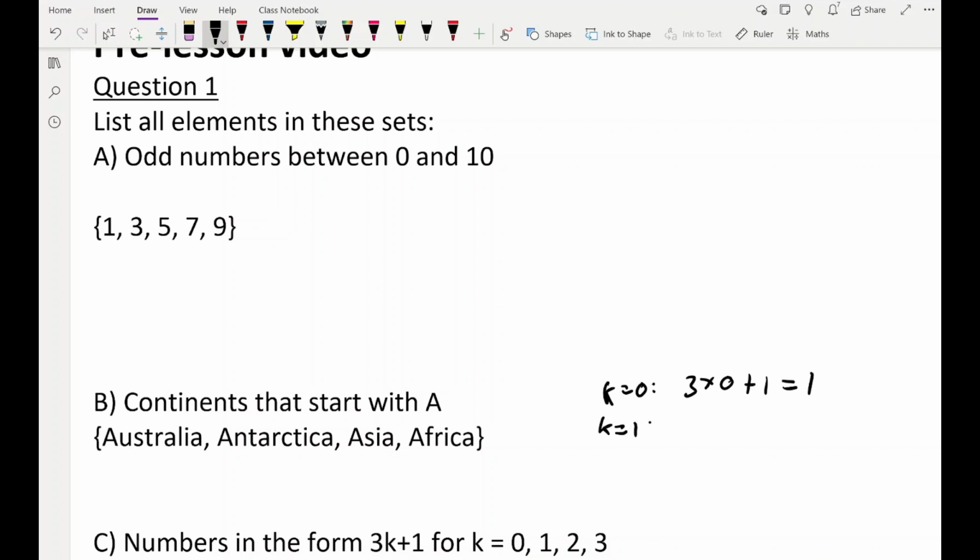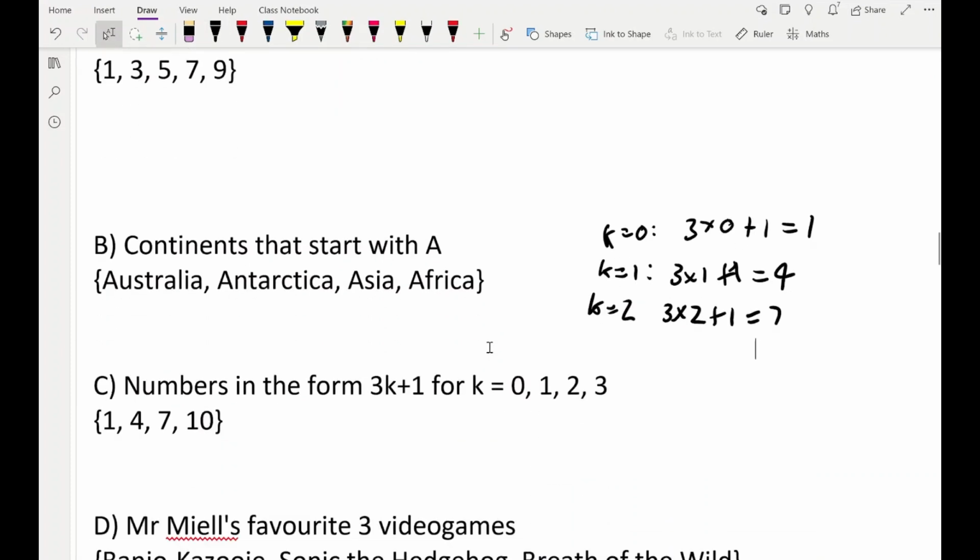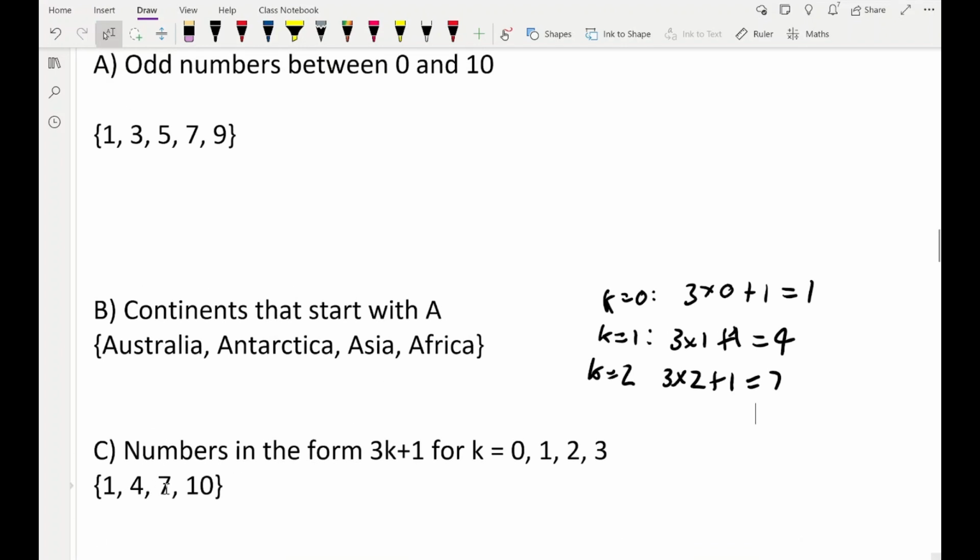If k equals 1, you're going to get 3 times 1 plus 1, which is 4. And if k equals 2, you're going to get 3 times 2 plus 1, which is 7. There we go. And you can keep going on. K equals 3 would be 10, but at any rate, you're going to get that set there.